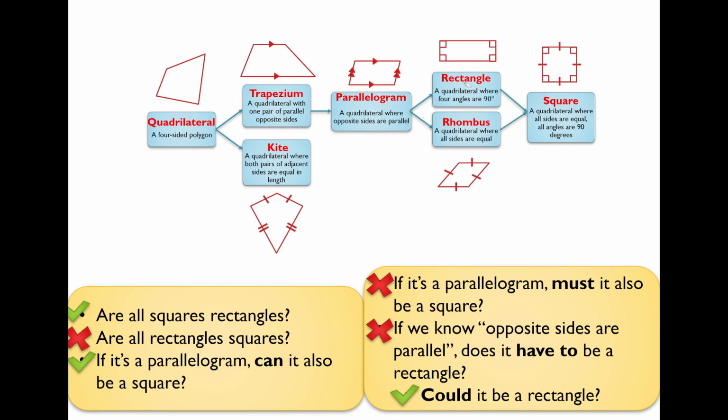Now, if this is all seeming a bit confusing, the difference between the categories, one thing that might help is an analogy: rectangle is like finger and square is like thumb.